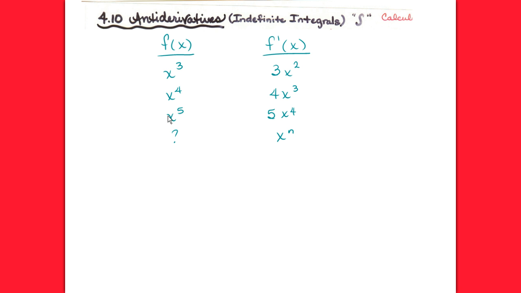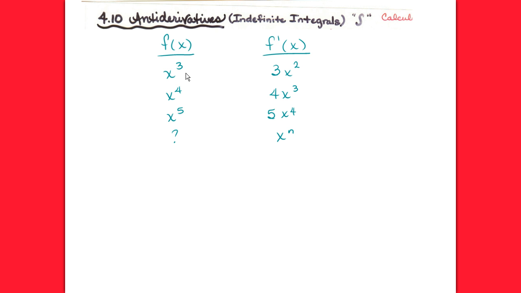When you take the derivative of x to the third, what do you do with that 3, other than reduce it by 1? You move it out in front and you multiply by it, right? So what's the reverse of multiplying? Dividing. So if I've got 3x to the second, you've already told me I would have to increase this exponent by 1 to get back here. But what else would I have to do to get back here? I would have to divide by it, right?